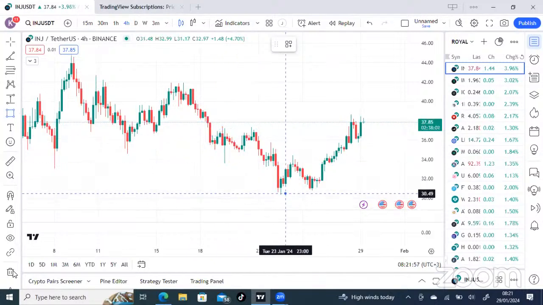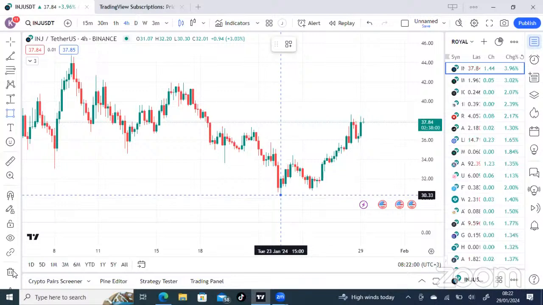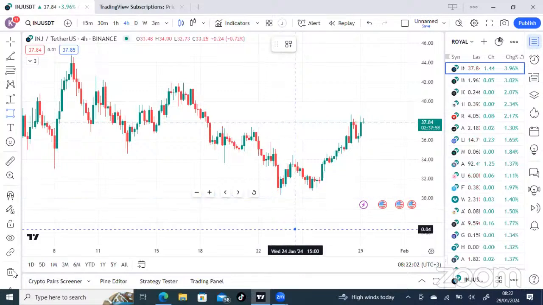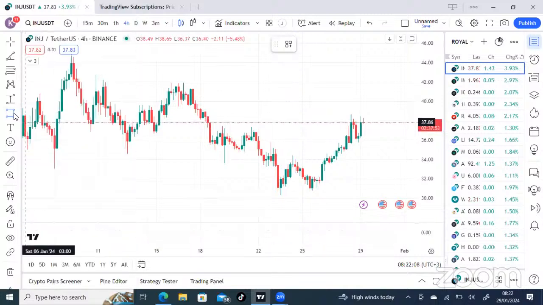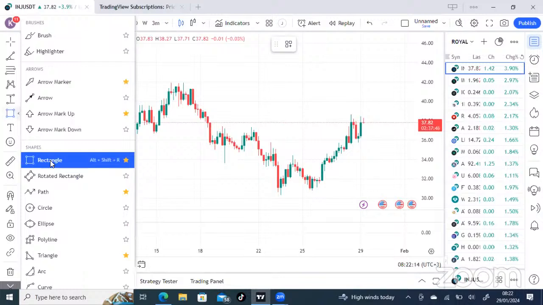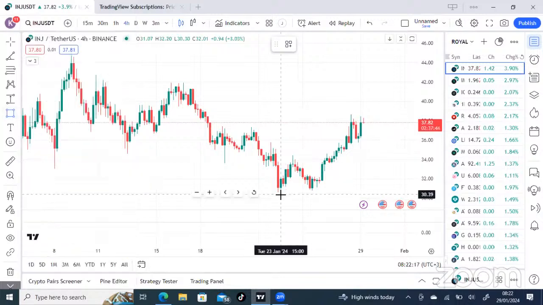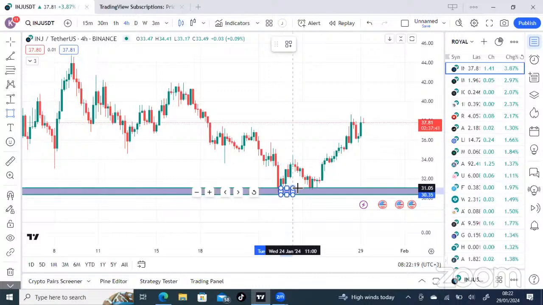And we continue. So we are going to draw our rectangle at this lowest point.